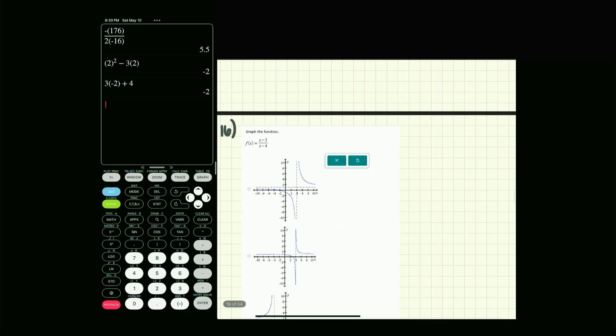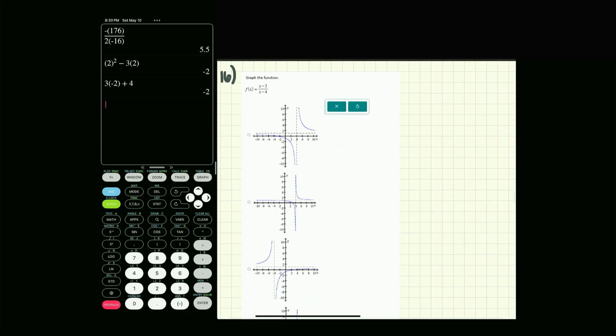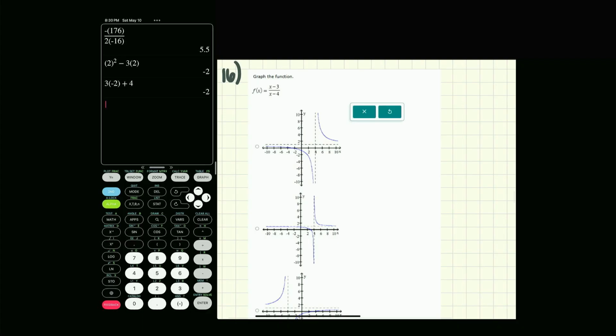Moving on to 16, we're asked to graph this function. If I'm on a test, I'm plugging this right into my calculator, but we can do most of this by hand here. We've got our denominator and our numerator, and we should know that the denominator tells us where our vertical asymptote occurs.